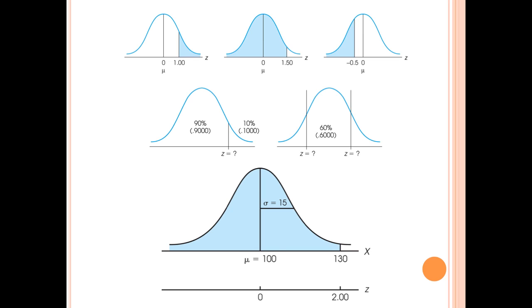The z-table always puts everything all on one side. So if you wanted to do a two-tailed test at 0.05, you would need to divide 0.05 by 2 and then look in the tail or smaller portion column for 0.025, and that will give you your z-score boundaries.